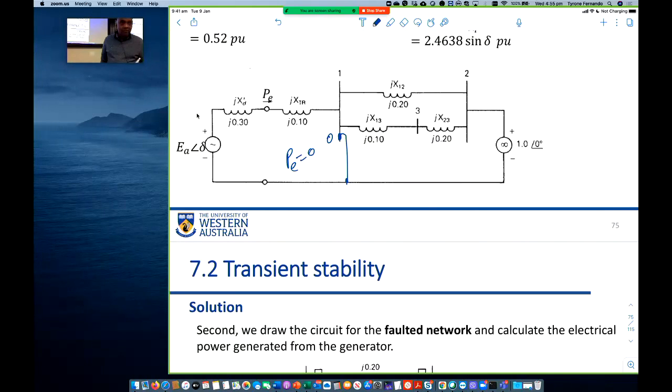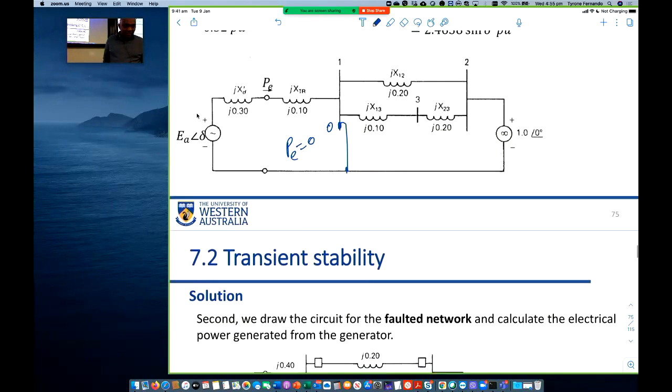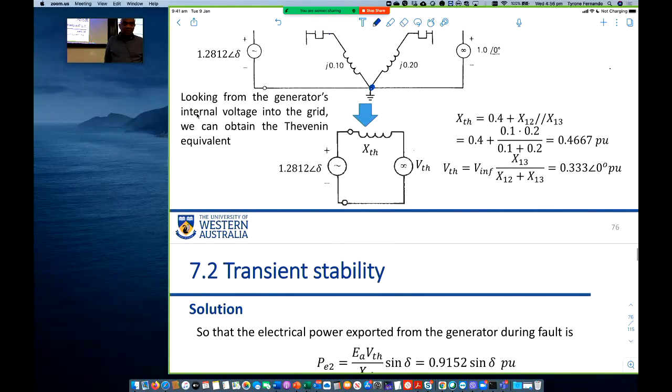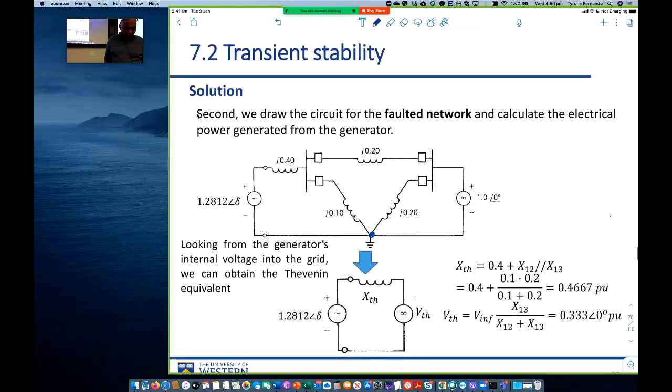But this time PE is not going to be 0 because this is no longer 0. It's 0 here, the voltage is 0 there. So PE is not going to be 0. So what's going to happen is this.